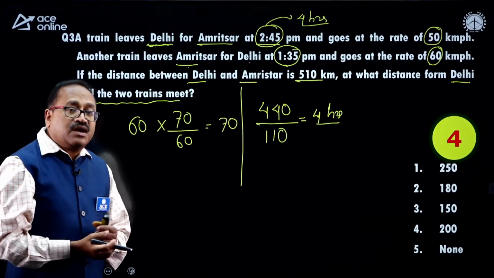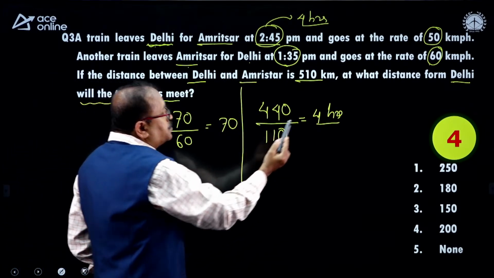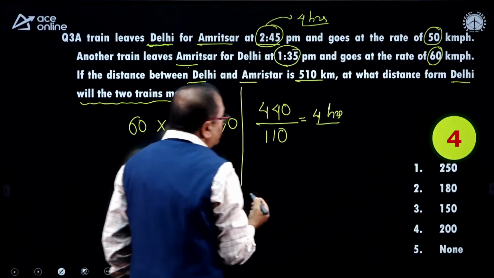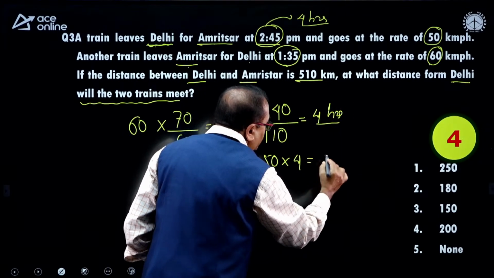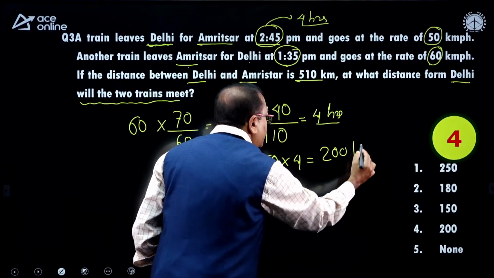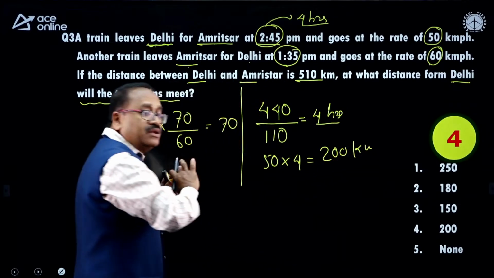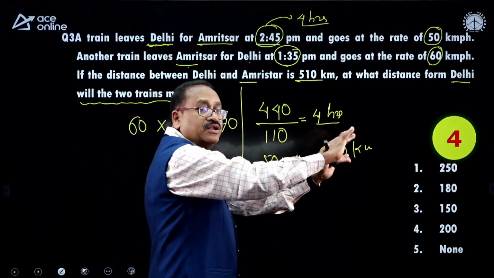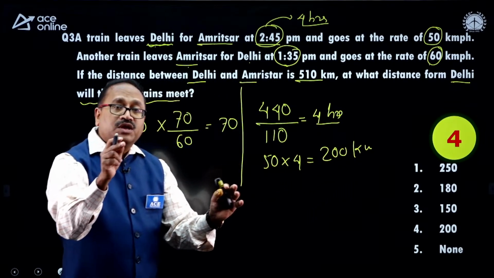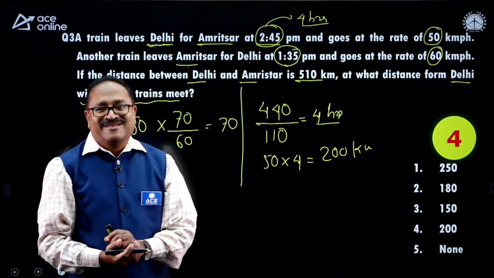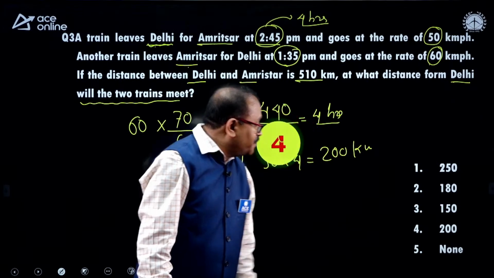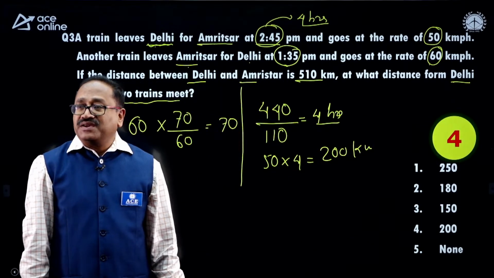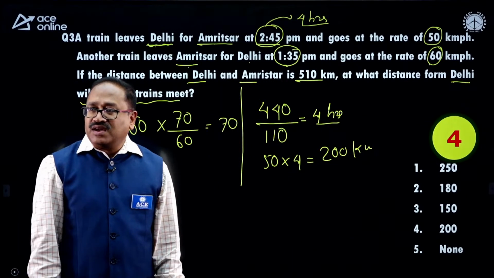So how much will it cover in 4 hours? Its speed is 50 kilometers per hour. So 50 into 4 comes to 200 kilometers. That means 200 kilometers away from Delhi, the two trains will meet. Therefore, your answer choice should be 4. That's what is displayed here. Okay, that's good, well done.